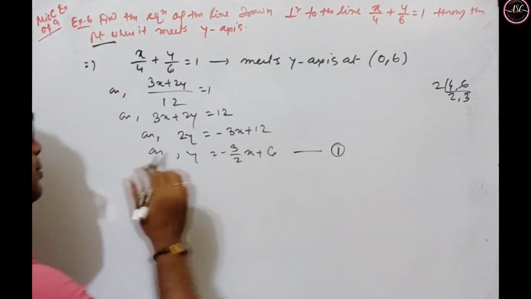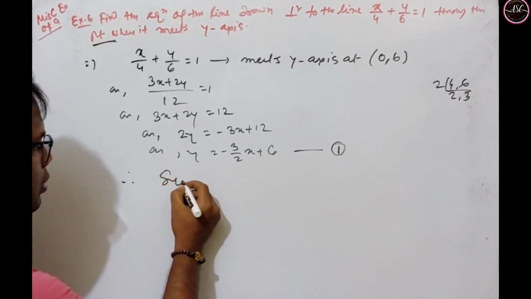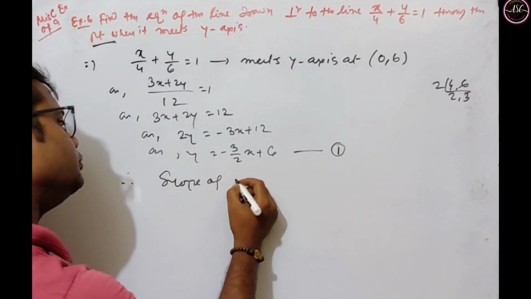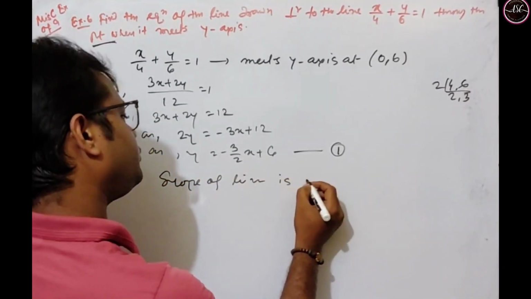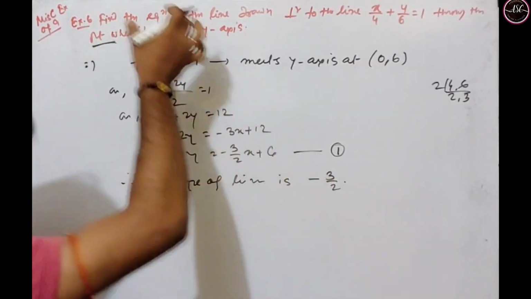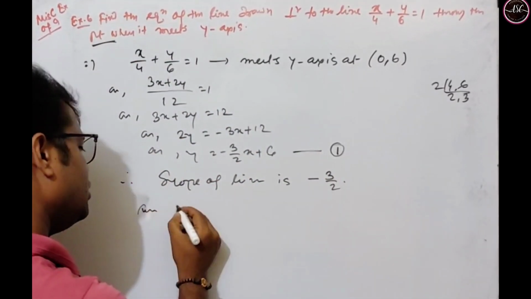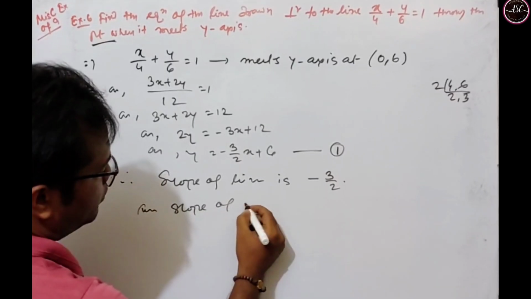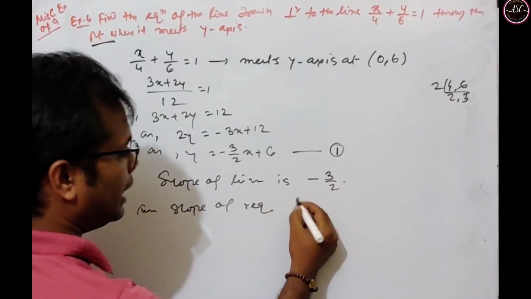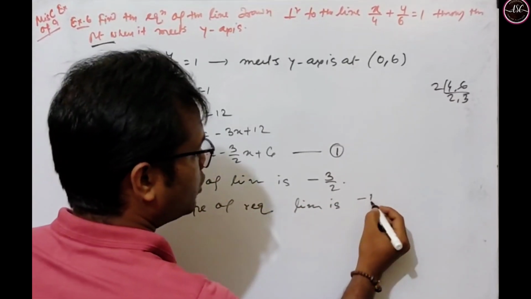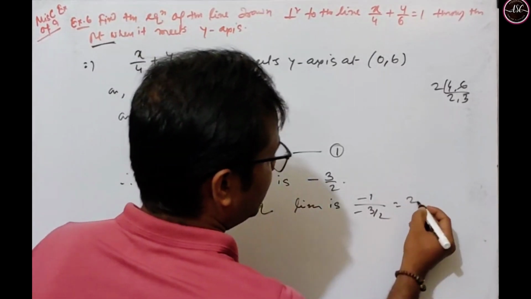This is the equation of the line. So the slope of the line is minus 3 by 2. As the required line is perpendicular to this line, the slope of the required line is minus 1 divided by minus 3 by 2, that means 2 by 3.